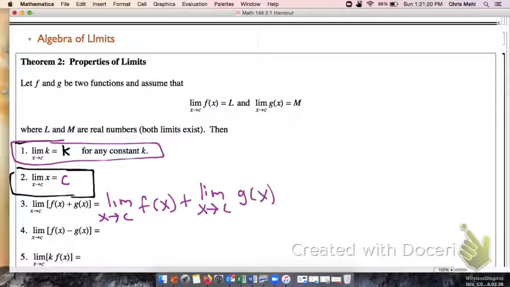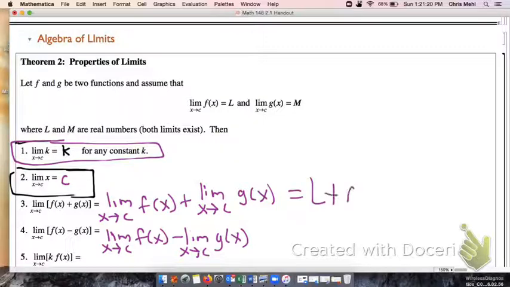So the limit of a sum is the sum of the limits. The next one also, the limit of a difference is the difference of the limits. So this one would have been L plus M. This one would be L minus M if I'm using the letters L and M.